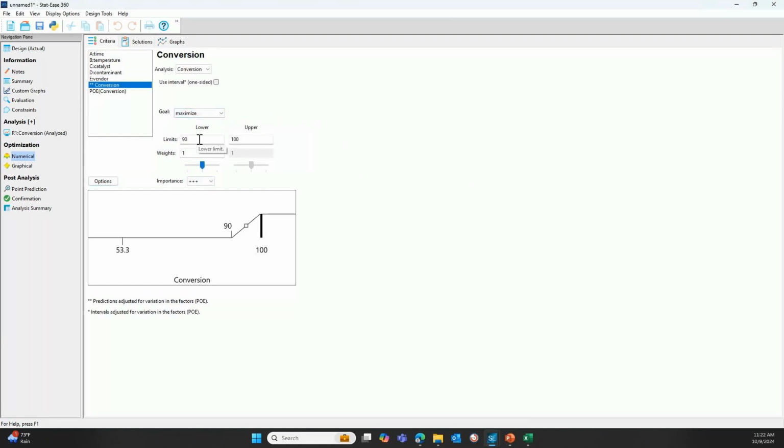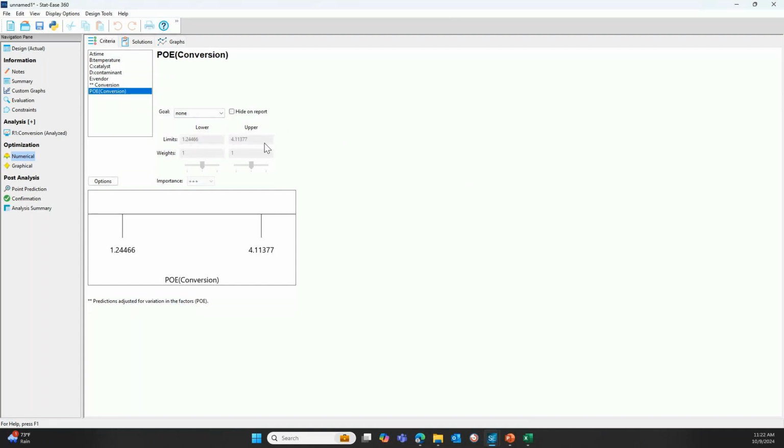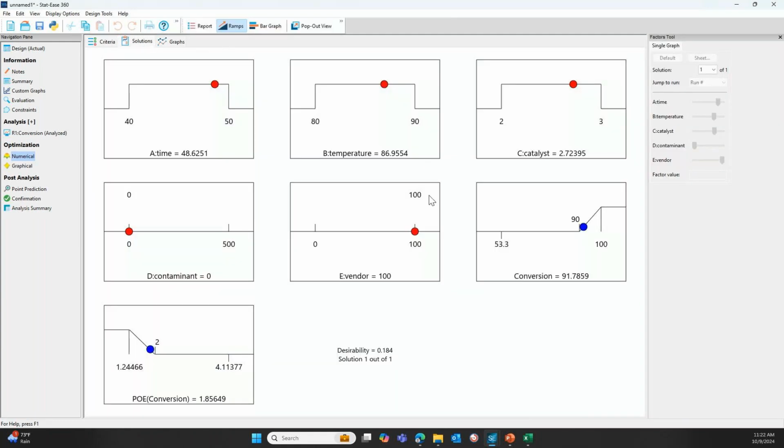We want that to be at least 90. But for the POE on conversion, we want to minimize that. This is where the magic comes in. We're going to minimize that, and we know that we have an upper bound here of 2 percentage points. We want that to be no more than 2 percentage points so that the distillation column won't be haywire. So now when I hit solutions, here's what we have.